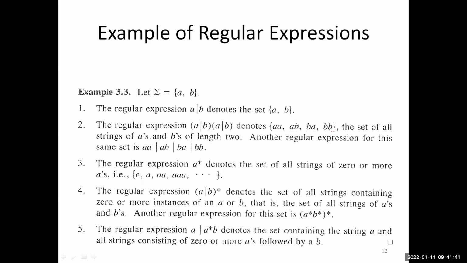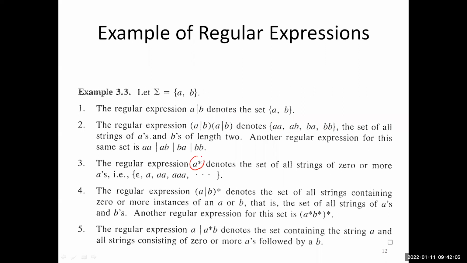Just observe what exactly the operations you are performing. This says A or B, so A is a string and B is a string. It is (A or B) concatenated with (A or B). The strings are going to be A concatenated with A, A with B, B with A, and B with B. So AA, AB, BA, and BB.